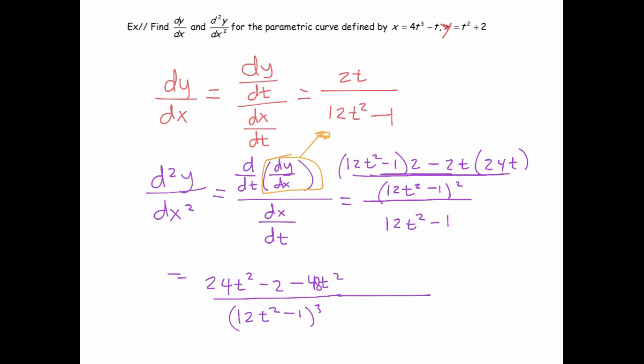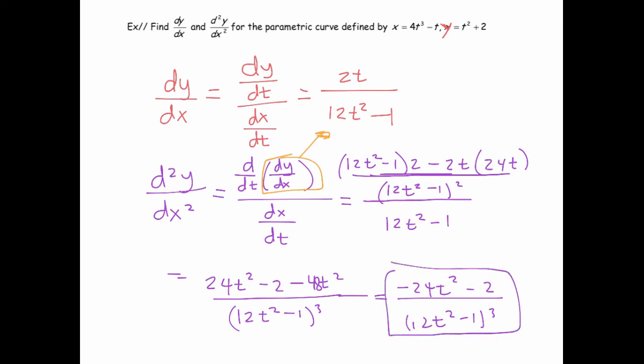So that gives me a total of, in the numerator, let's see, negative 24t squared minus 2. Alright, so just, I guess it's this orange box you really want to focus on. A little tricky getting the second derivative, but once you do a couple, it's not so bad.